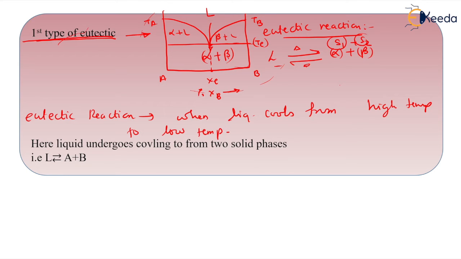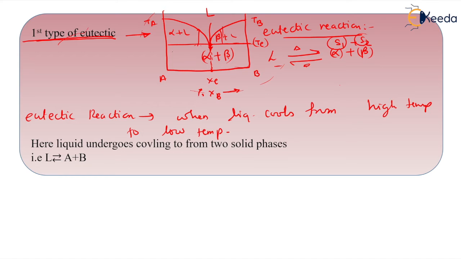And eutectic means what? Easily meltable. That is, this composition melts at low temperature, and at any other composition it is higher. If you see, at this composition only it will melt at very low temperature. Other than this, the temperature goes on increasing, isn't it? So this is the eutectic system, and this is the first type eutectic diagram.